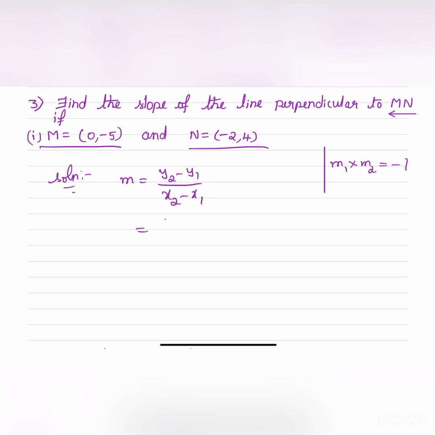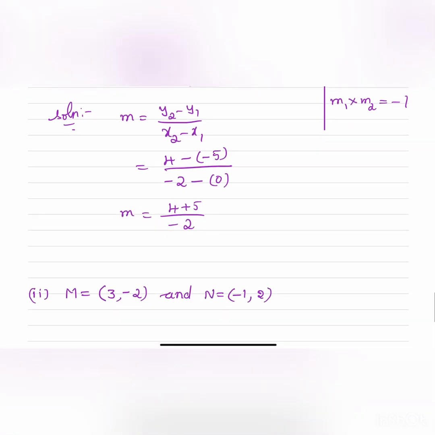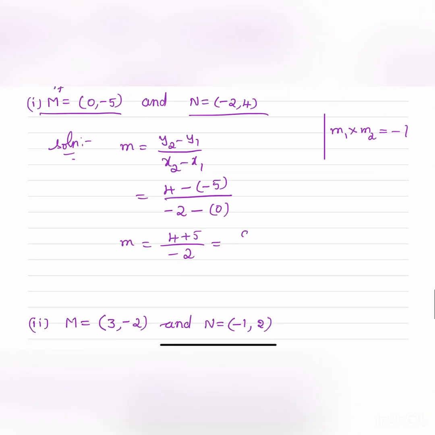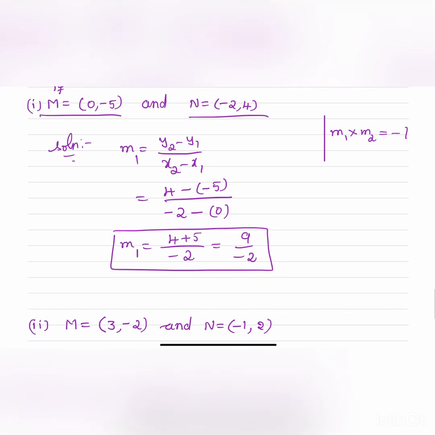Now y2 is 4, minus of minus 5 is y1, x2 is minus 2, and then x1 is 0. So this is 4 plus 5 divided by minus 2. m is equal to minus 9 by 2. So let us take this as m1. So we have got m1, that is minus 9 by 2.